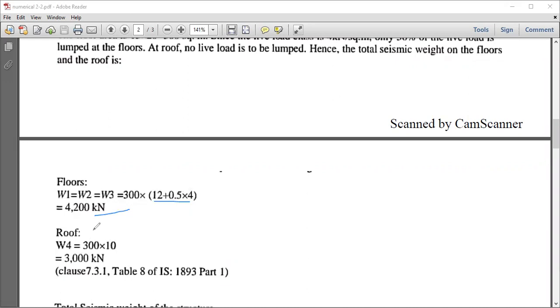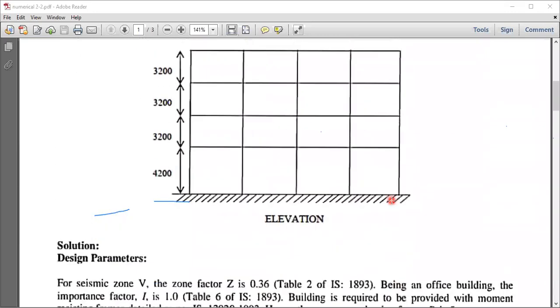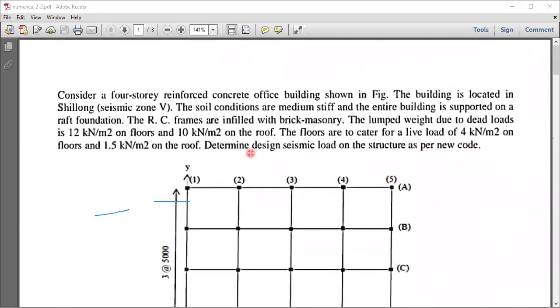When I'm calculating for the roof, I have to consider only the direct load mentioned, only the load that is given here. Floors are to cater for the live load, and the roof live load is 1.5 kilonewton, so I'm going to ignore this.